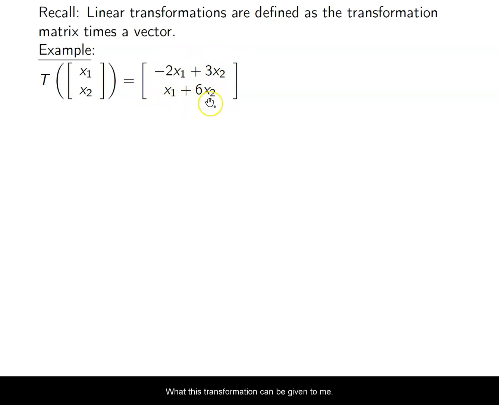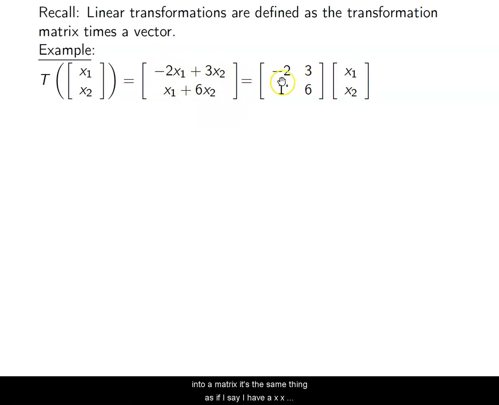But this transformation can be given to me as a matrix. If I take the coefficients and I turn them into a matrix, it's the same thing as if I say I have A times x1, x2. We saw linear transformations as a matrix equation, right? As A times some input vector. In the last video, I showed you how you multiply these things together. It's the same thing as if you just take x1 and x2 and actually plug them in, right? So now we're actually looking at them as multiplications.